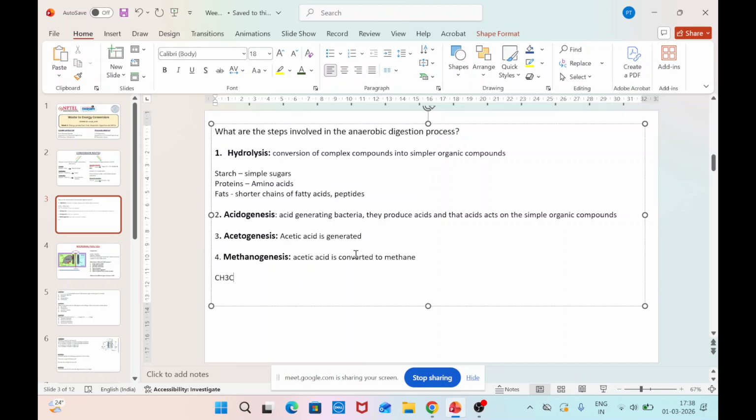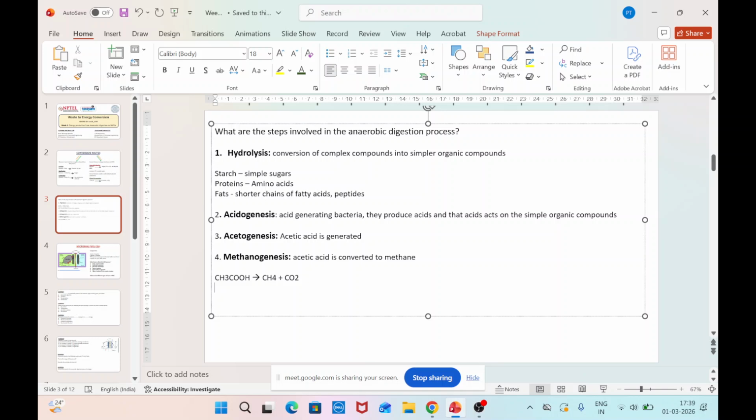Typically the reaction is something like this. So this is the methanogenesis process.